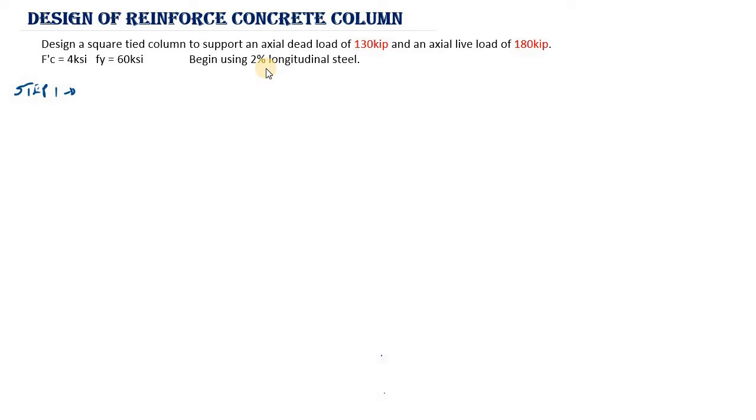If you remember in the previous video, I said Pu is equal to 1.2 multiplied by the dead load, plus 1.6 multiplied by the live load. All we need to do is input our values so that we can calculate Pu. So Pu is equal to 1.2 times the dead load, which, as you can see here, is 130 kip, plus 1.6 times the live load.